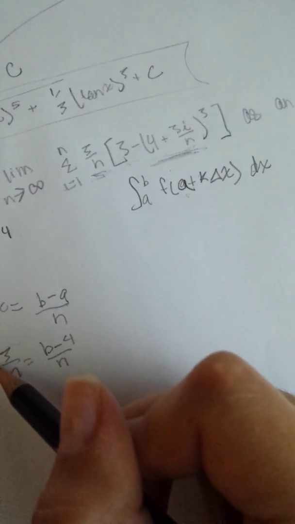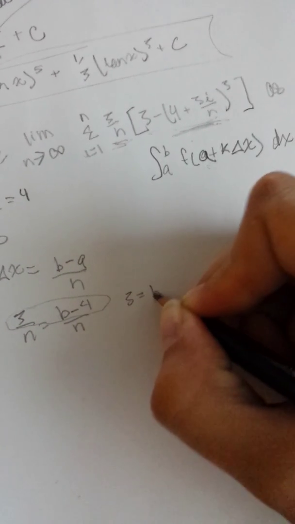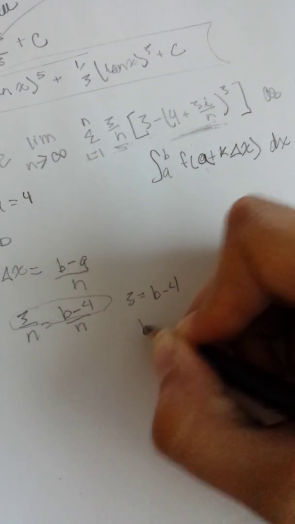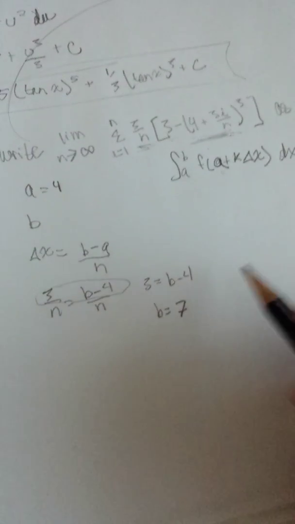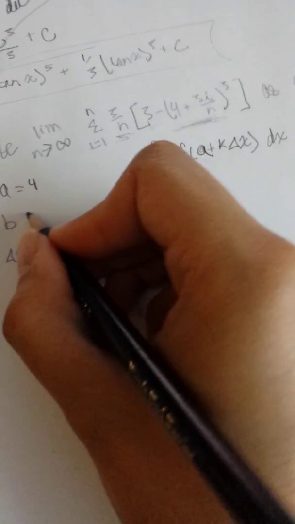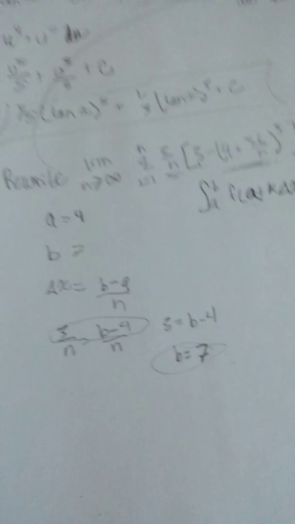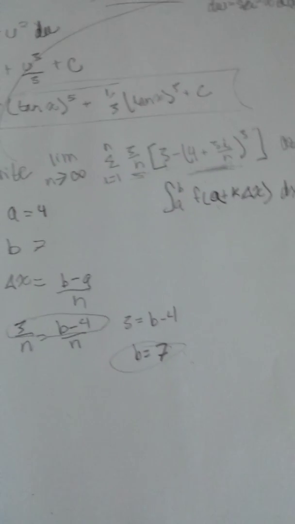They have the same denominator, so you're going to have 3 equal to b minus 4, add 4, your b is equal to 7. So now you have your b, that's going to come in here, and what you need is your equation.